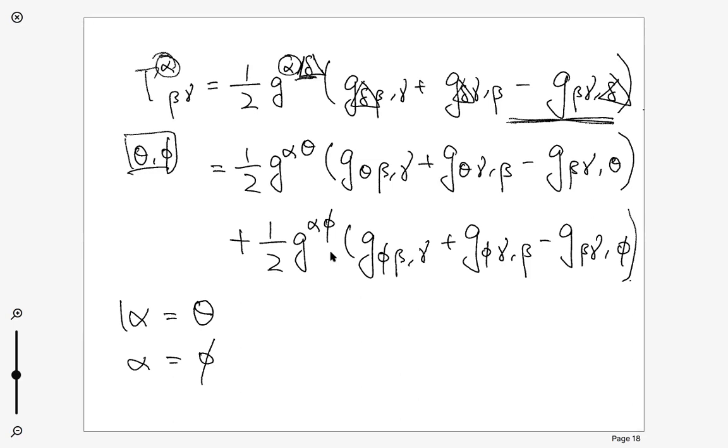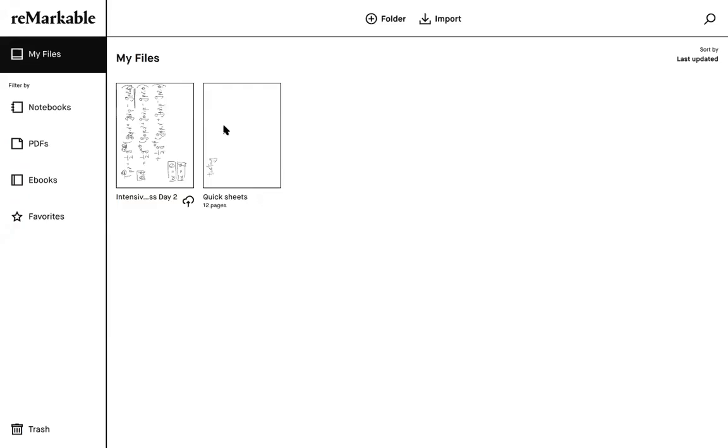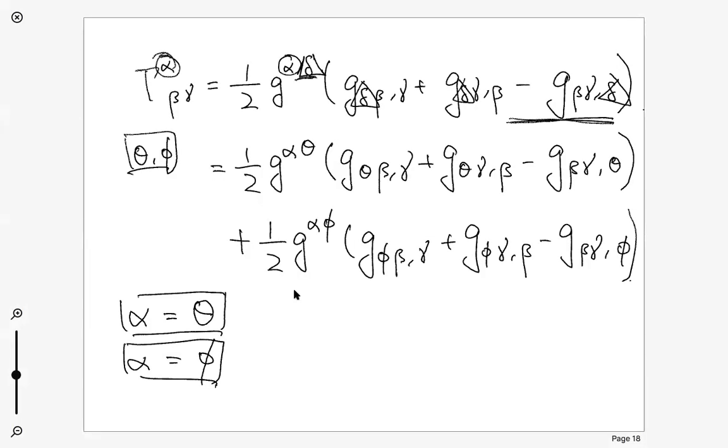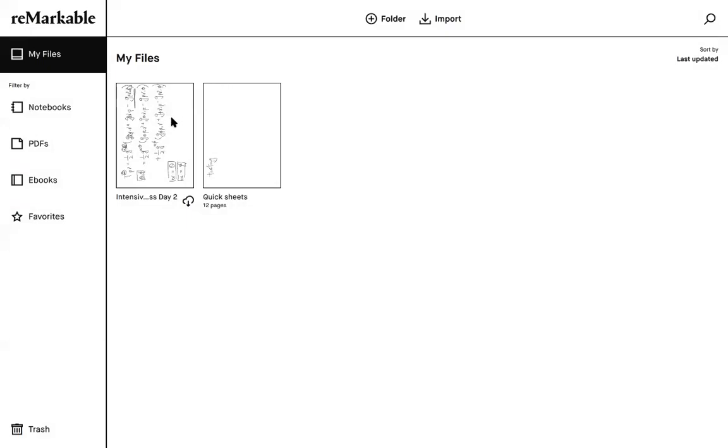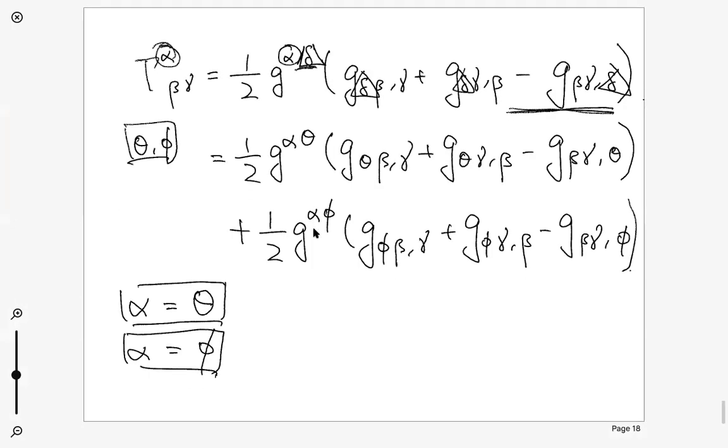We need to consider these 2 cases. So what about when alpha is theta?